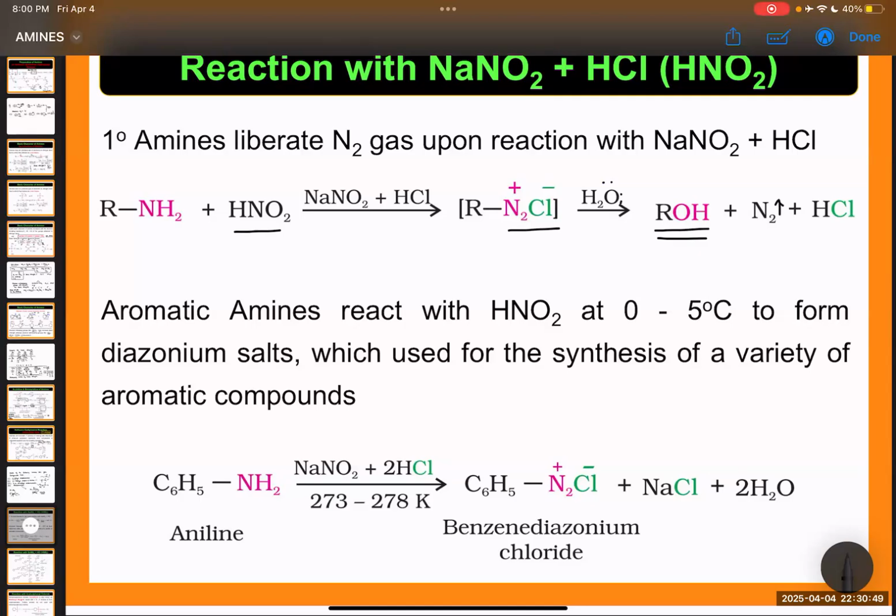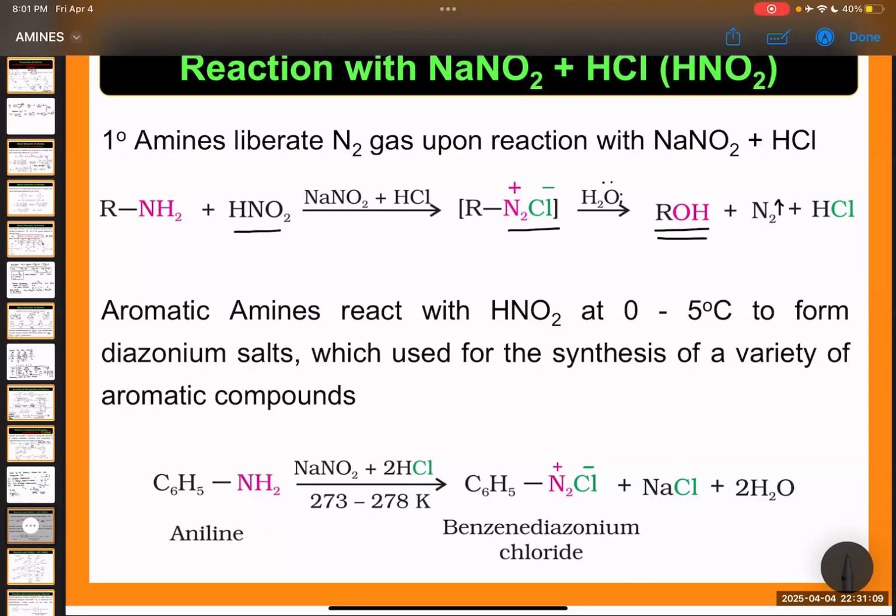Okay. So this is the conversion of amines to alcohols using NaNO2 and HCl. This is one thing.